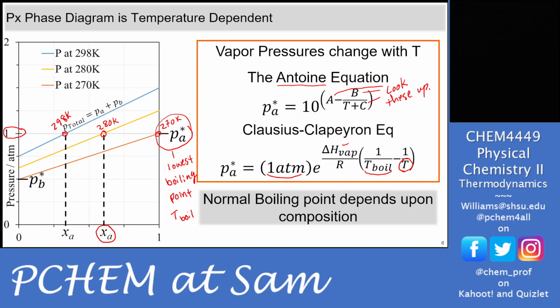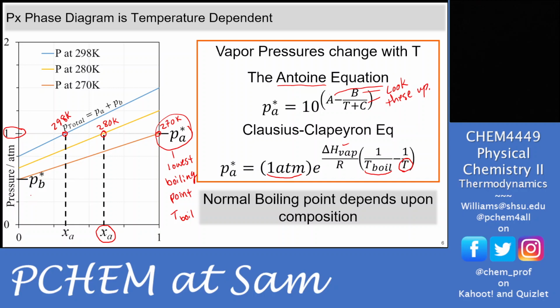Because remember, it's boiling when that vapor pressure equals 1 atmosphere. So look at B. How can I get pure B up to 1 atmosphere? Well, I got to really raise the temperature. So it's the least volatile substance, and so it's going to have the highest boiling point.